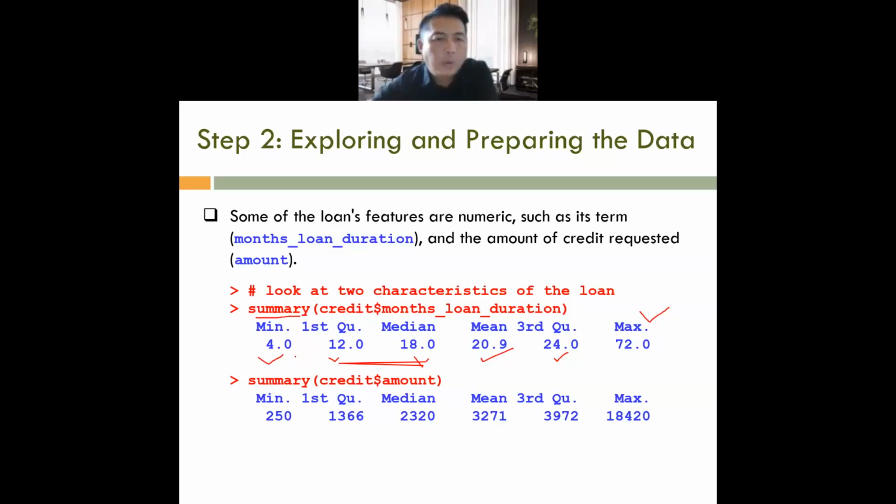We can only perform this summary for numerical values. So it will give you the descriptive statistics, just basic information about your data. For this one, the loan amount maximum is 18,420, minimum is 250.